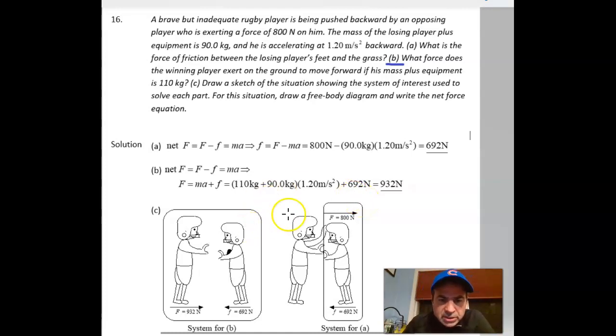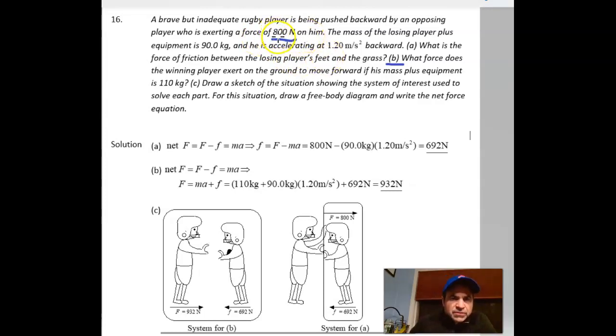Anyway, just wanted to discuss how they approach the problem here. So it says a brave player is being pushed backward, so you can imagine they're in contact as they're pushing on each other, and the force between them is 800 newtons, right?